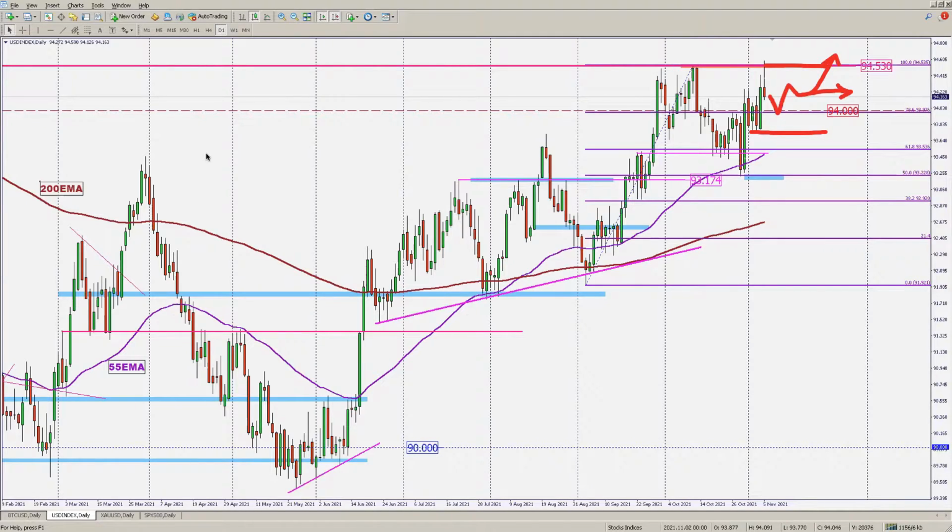But for now, it's possibly stuck in the range. The Federal Reserve did announce their tapering starting this month, but keeping the interest rate hike issue as a separate topic. And that will be later on, perhaps in the last quarter of next year.